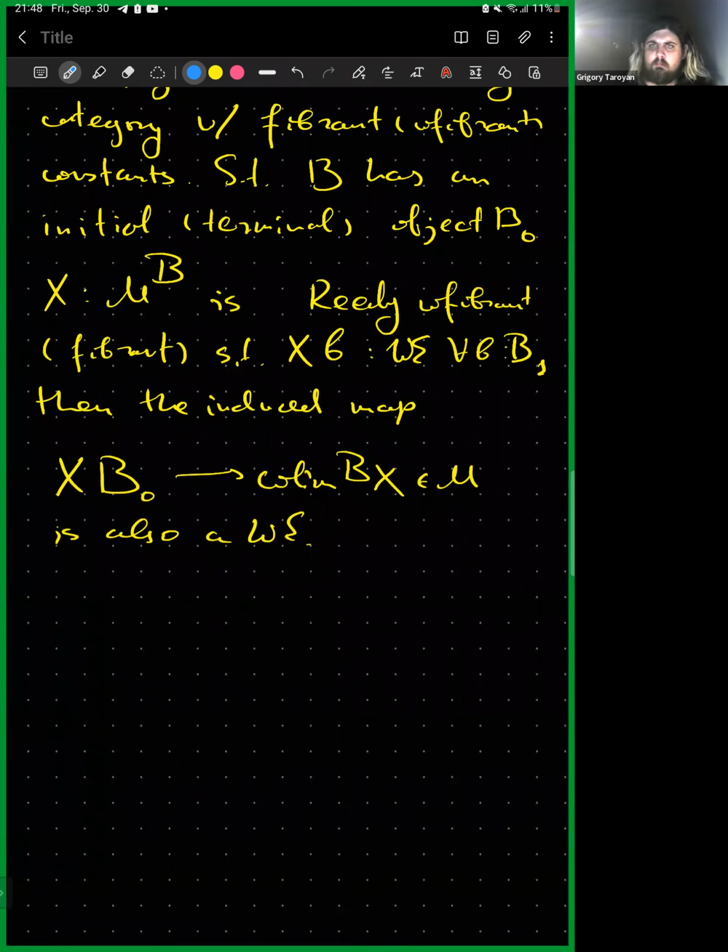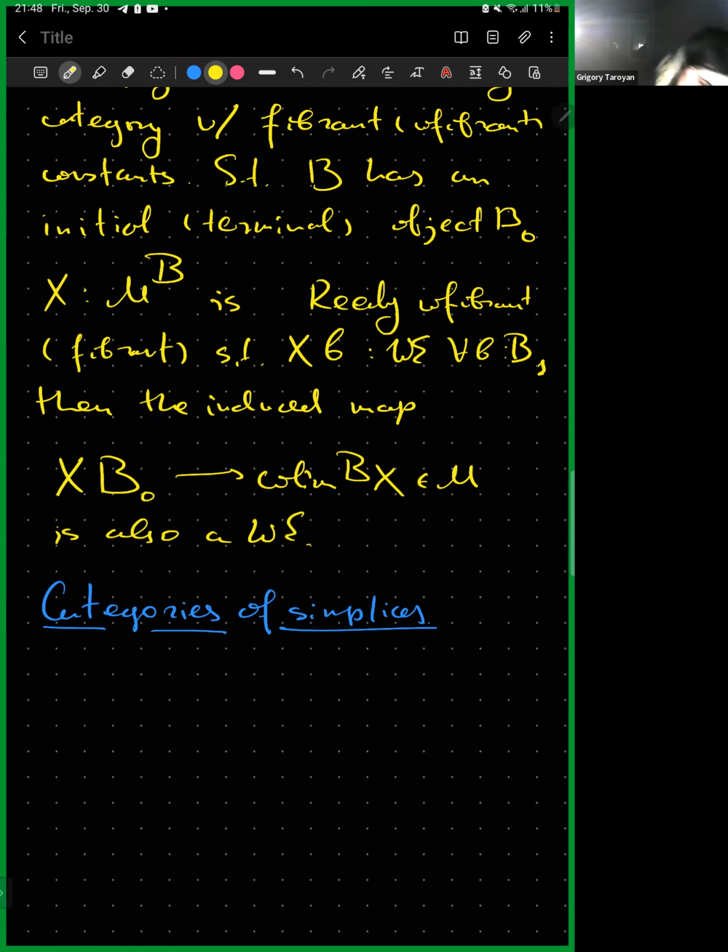So assume that we have a non-negative integer n, and [n] is a sort of chain category that looks like this.